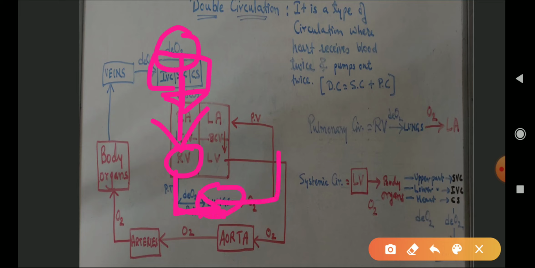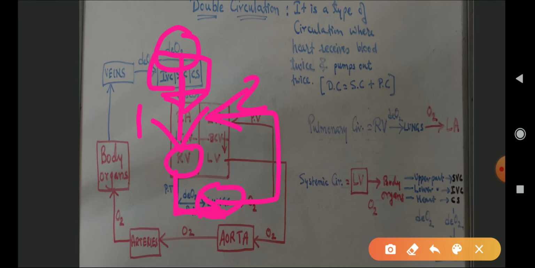After purification, the blood enters the heart the second time. The first time it receives deoxygenated blood, and the second time it receives oxygenated blood.